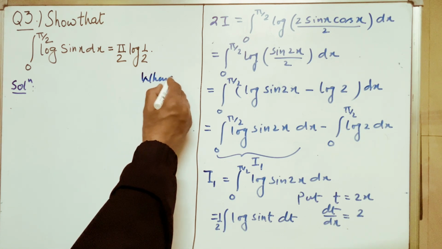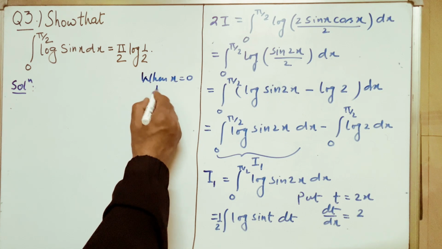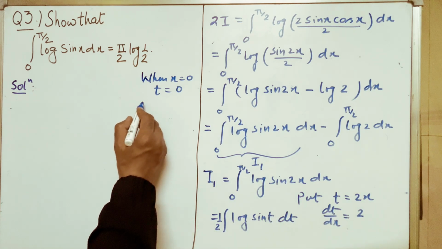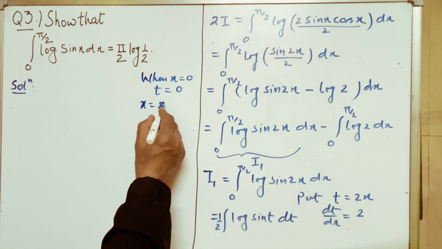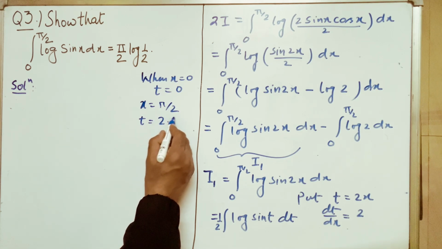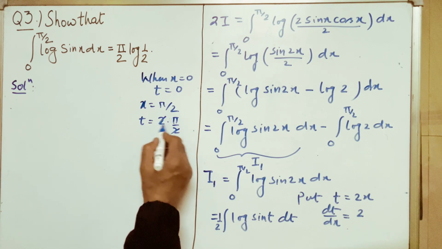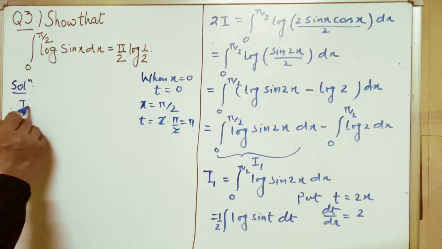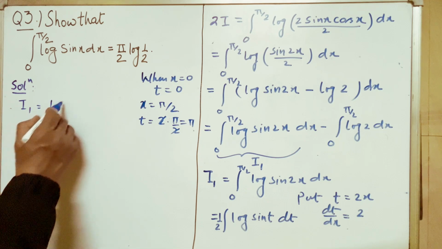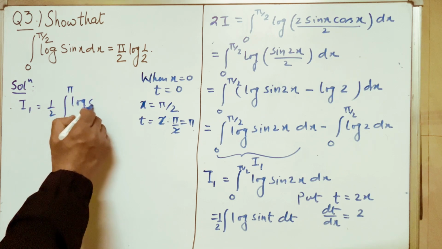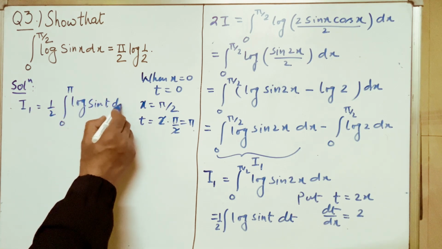When x is equals to 0, t will be 0. And when x is pi by 2, t will become 2 into pi by 2, that is pi. So now this I1 becomes half integral 0 to pi log sine t dt.